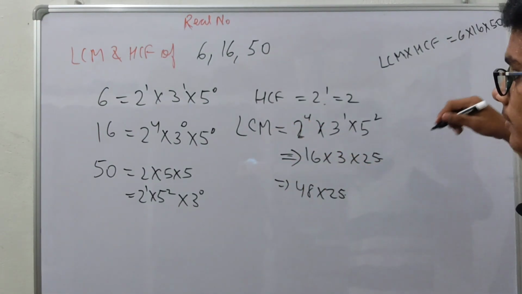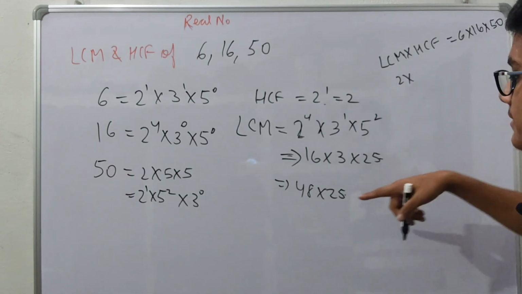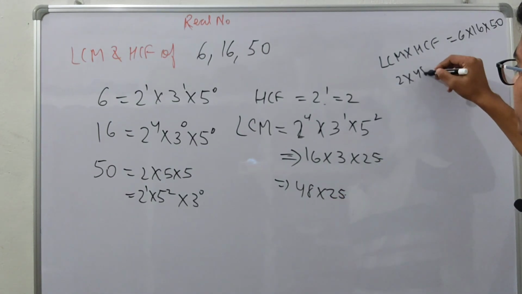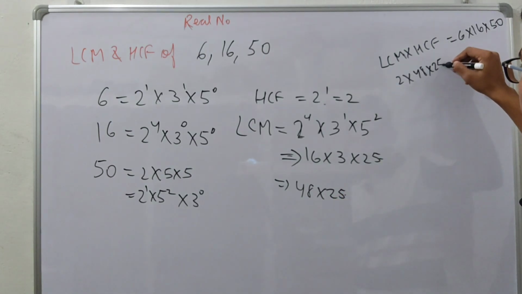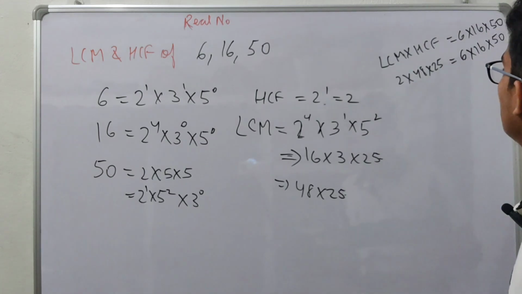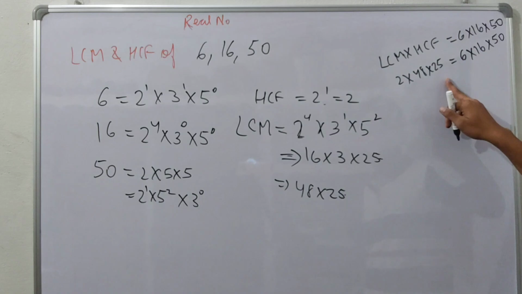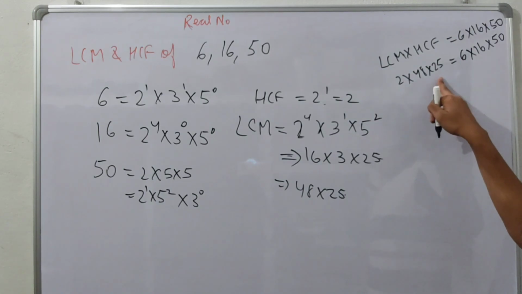So LCM into HCF will become: HCF is 2 and LCM is 48 into 25. And here it is 6 into 16 into 50. By evaluating, you can clearly see that these two are not equal.